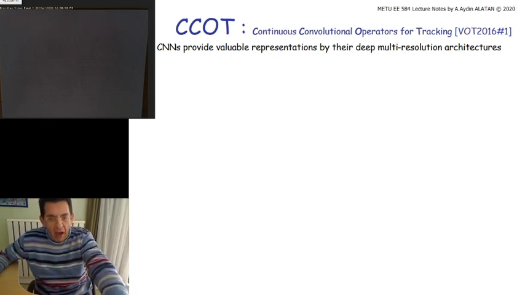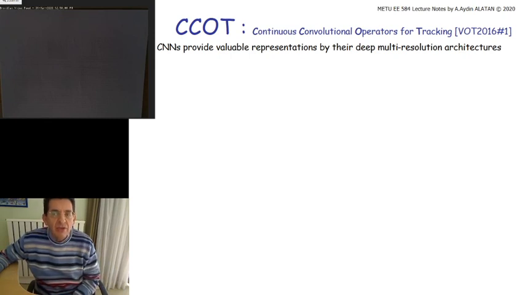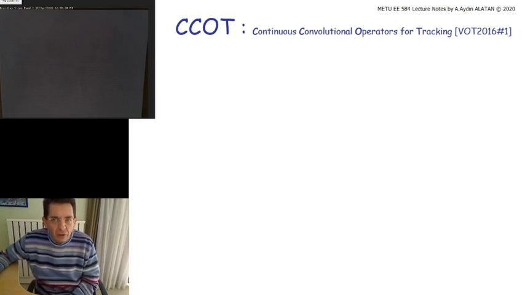In the higher, deeper layers, you will have semantic information which can also be utilized by the trackers, especially when there are appearance changes. But how to combine these things, especially realizing that typically these structures are getting smaller and smaller due to the pooling stages? That algorithm, in fact, is just an approach for combining the different information in the layers of convolutional neural networks.